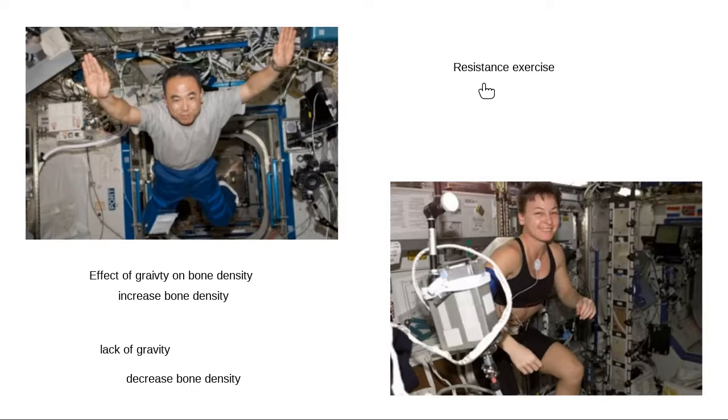Using your muscles to pull on the bones is a way that we can try to increase or at least maintain bone density. So astronauts will exercise when they're in space to make sure that they don't lose all of their bone density. Some bone loss is just a given because they're not constantly being pulled on by gravity. But if we can do something like resistance exercise, we can save some of that bone that we lost.